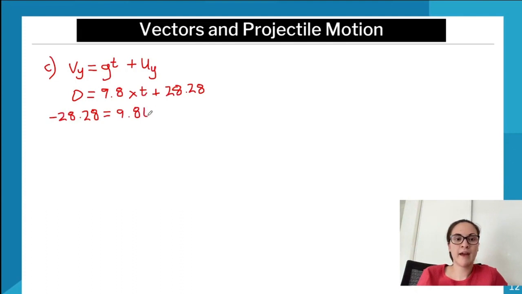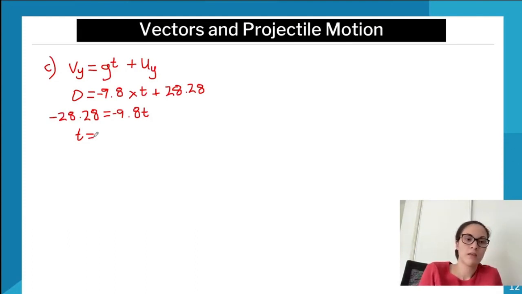Now you're probably thinking, hey, we're going to get a negative answer. Well, remember that gravity is actually a negative value, so we're going to end up with a positive value. And even if you did end up with a negative value, just negate the negative and treat it as a positive. But in this case, we know that gravity is normally negative.